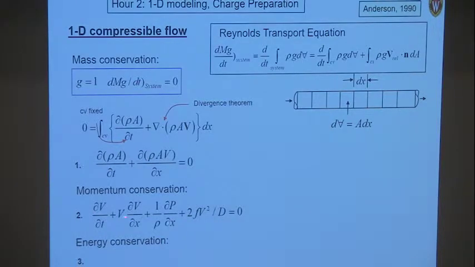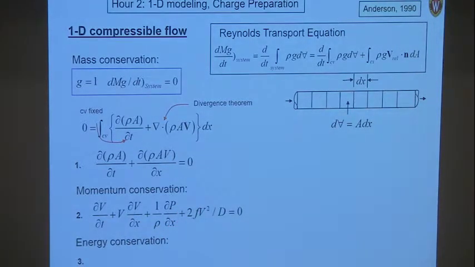Now, I can apply the same analysis to momentum conservation. And here I use the formula F equals ma, right? I look at the forces acting on my little control volume. The forces turn out to be due to pressure. There's a difference in pressure across the faces here, which gives rise to this term dp/dx. And then I also have frictional forces on the walls of my little volume, and that's this term here.